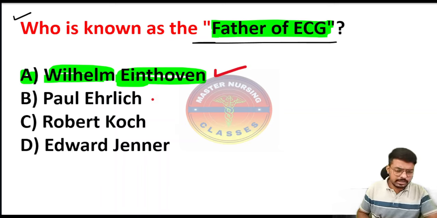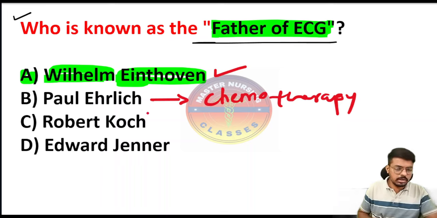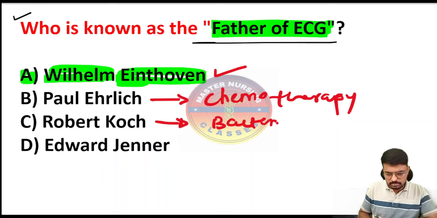Yes, very nice of you all, Paul Ehrlich is the father of chemotherapy. Then who is the father of bacteriology? Robert Koch is the father of bacteriology. Very, very important.